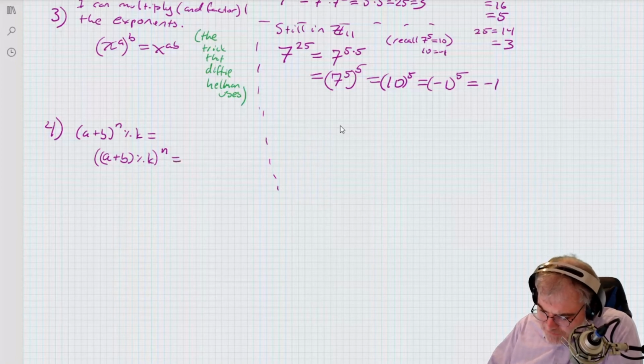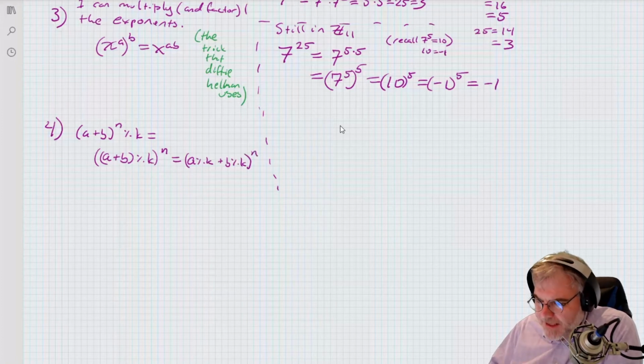But that's the same thing as (A mod K plus B mod K) to the n. This has some big consequences. If K divides B, I'm going to only have pieces of it left.